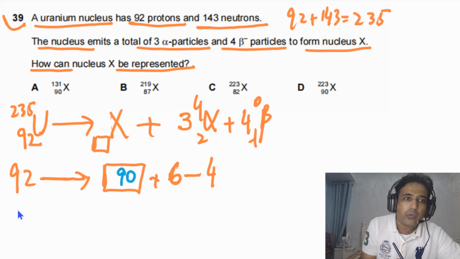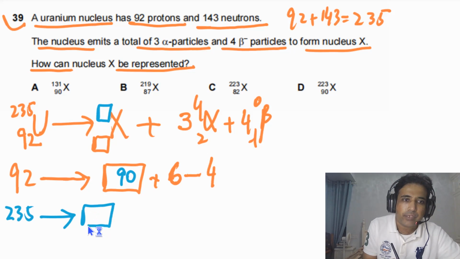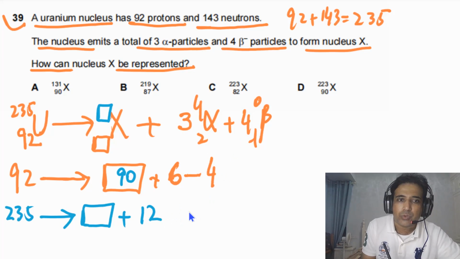Now we need to look at mass number. So we have 235, which is the mass number of X that we need to find out. Mass number decreases by 12 for the alpha particles, and there is no change in mass number from the beta particles because it is 0.